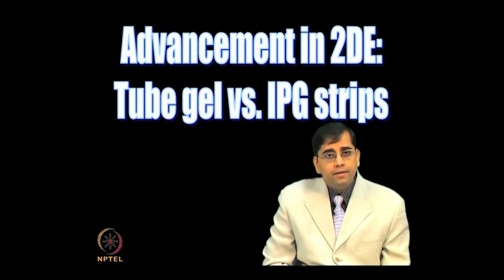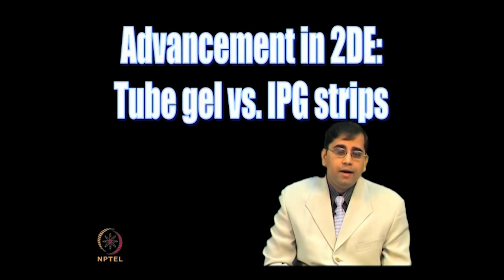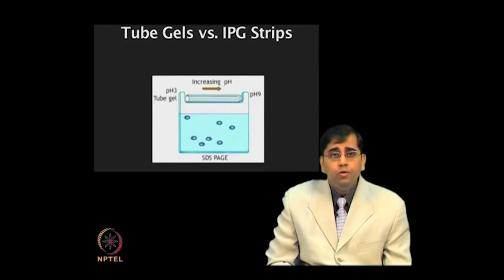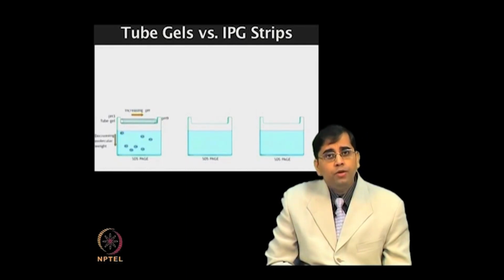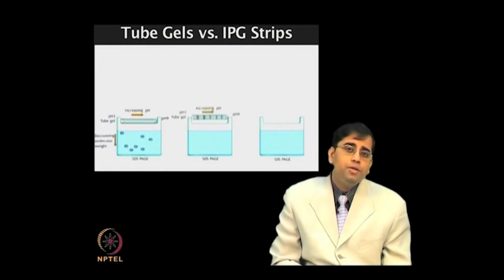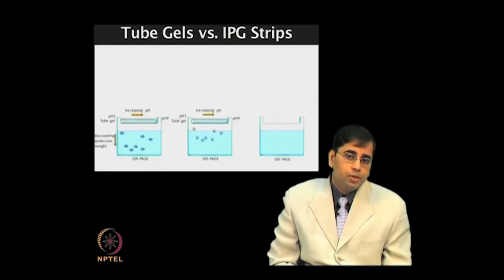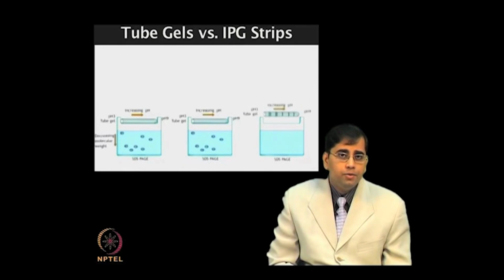The pH gradient in tube gels is established by ampholyte gradients, which are not always very stable and tend to break down upon addition of the concentrated samples.